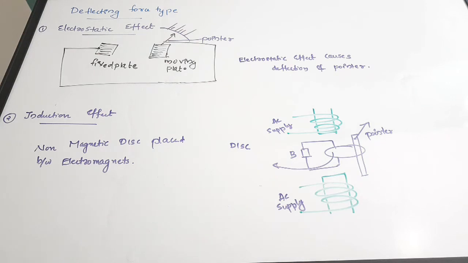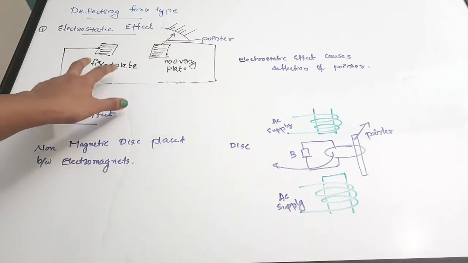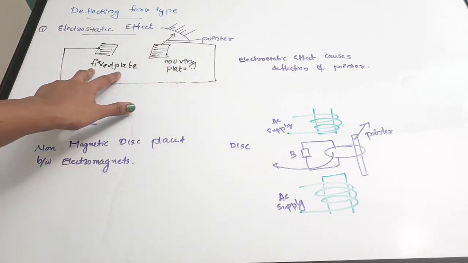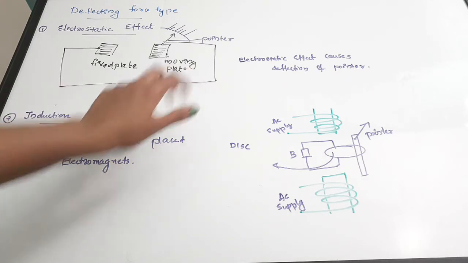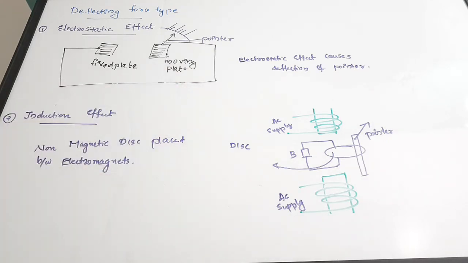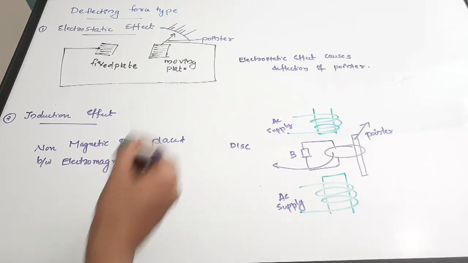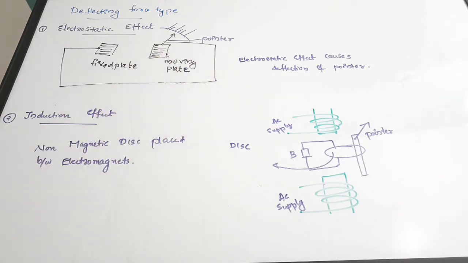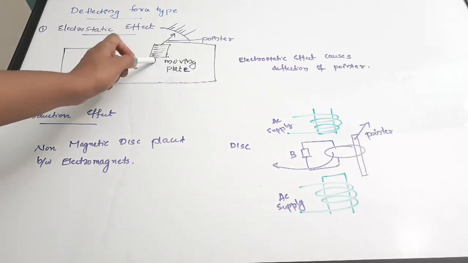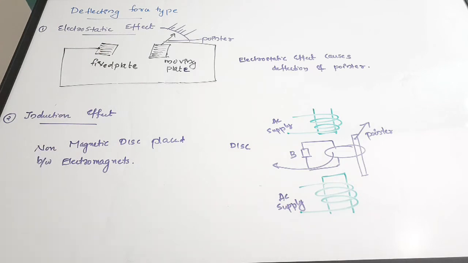If you see the figure, you can see that there are two plates. One is a fixed plate and there is a moving plate. We apply a voltage across these plates, and due to this applied voltage the plates get charged, and the moving plate will move towards the fixed plate.